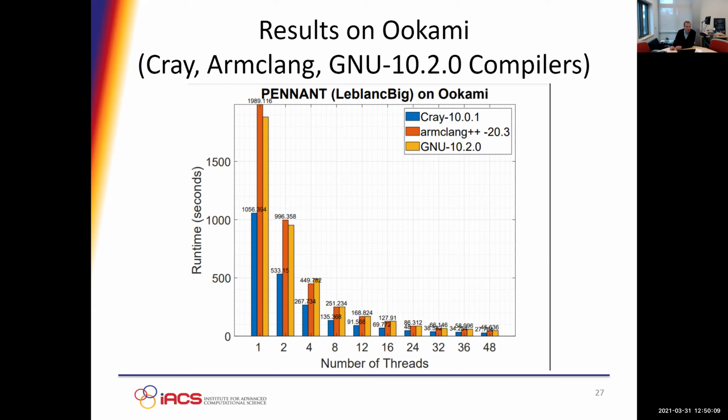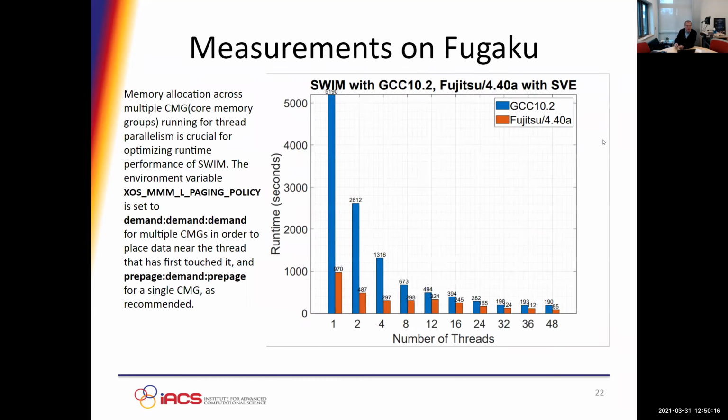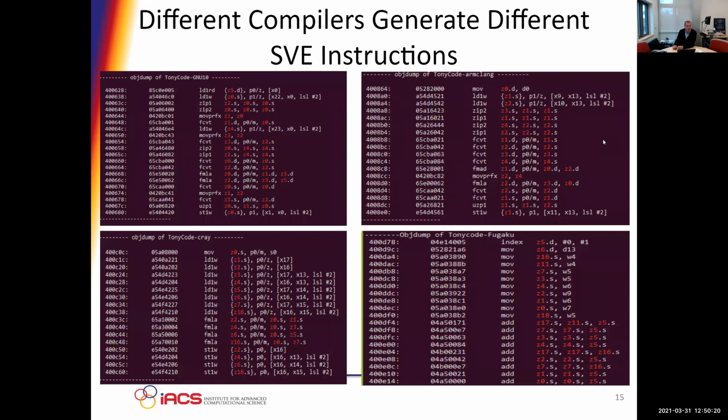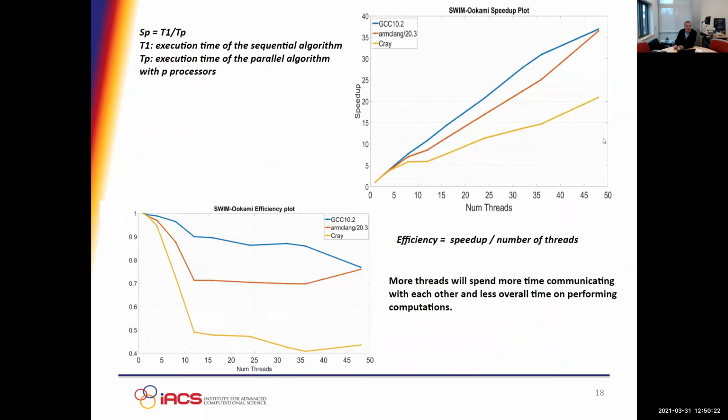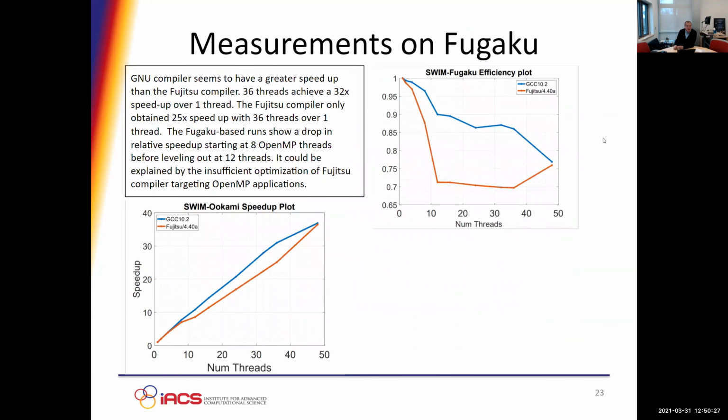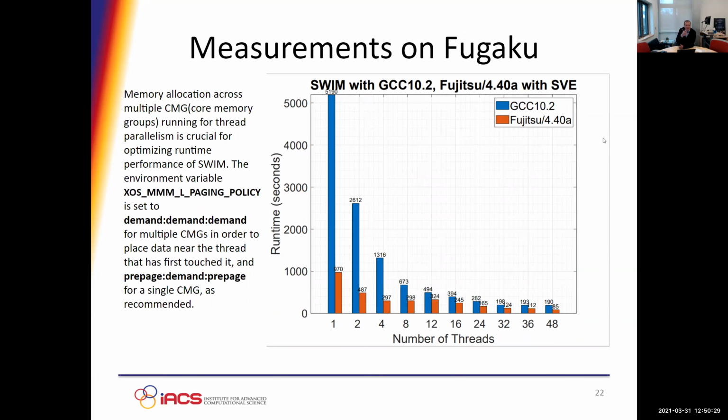And Jana, a question for you. On one of your slides, you were showing that there was a plateau in the middle of the thread scaling that you were getting from the Fujitsu compiler. Maybe this slide or the next one.